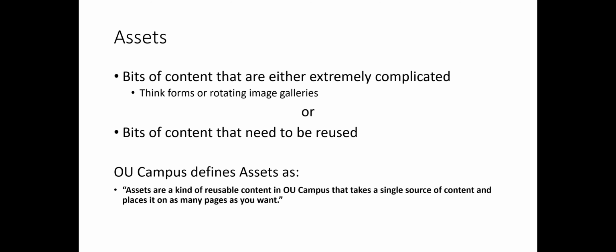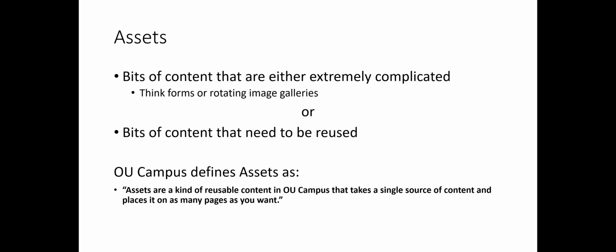And then assets are a little bit more complicated. Assets are one of two things. They're either an element on a page that is so complicated that it needs its own special definition. Think of forms, like a contact us form, or a rotating image gallery. Or they can also be things that are going to be reused a lot.